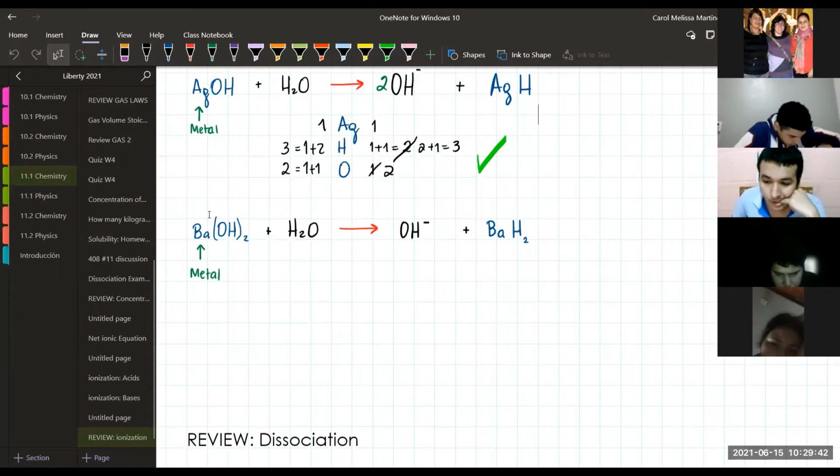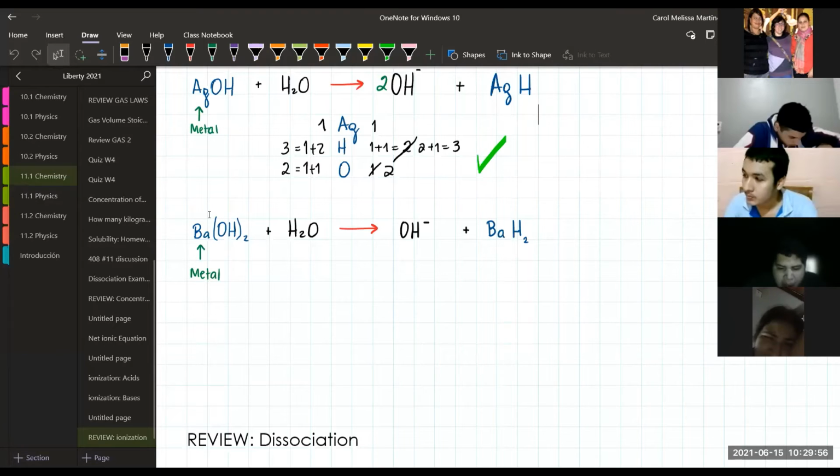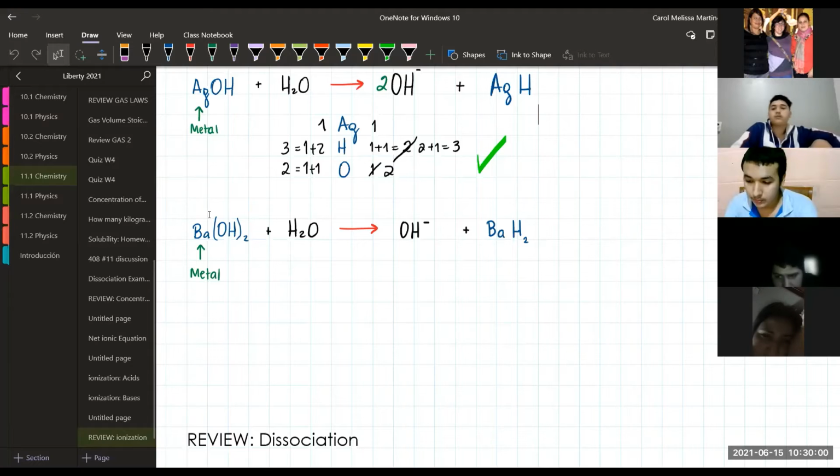Now, what else? What do you have to see now? It must be balanced. So to balance it, again we list the elements, barium, hydrogen, oxygen, and we compare the two sides.